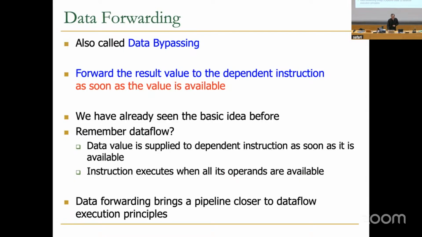So essentially, data forwarding brings a pipeline closer to data flow execution principles. You really supply the data value when it's ready to a dependent instruction. We're going to see this more and more. We're going to bring the pipeline more and more into the data flow principles as we cover out-of-order execution also. So it's going to be very fascinating, I think.